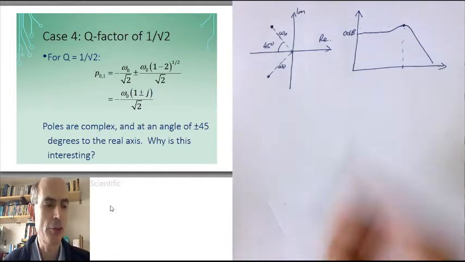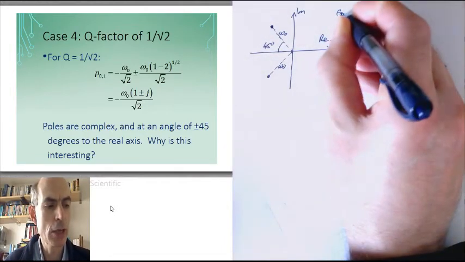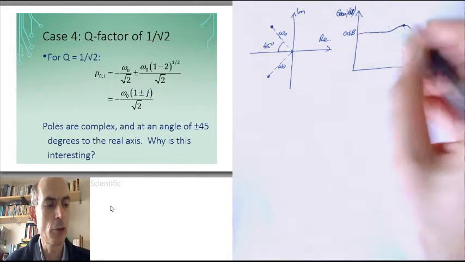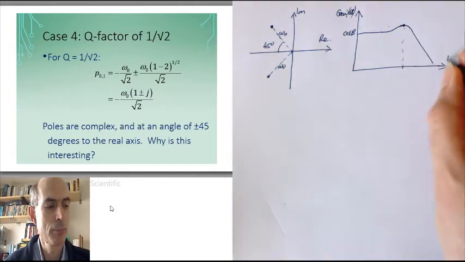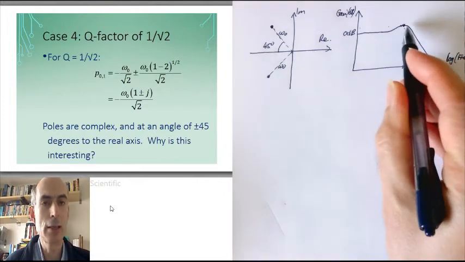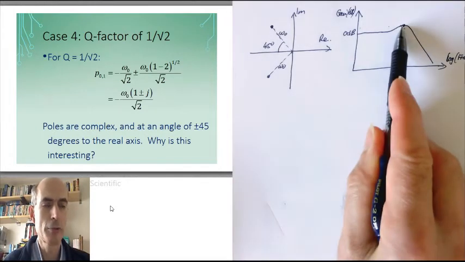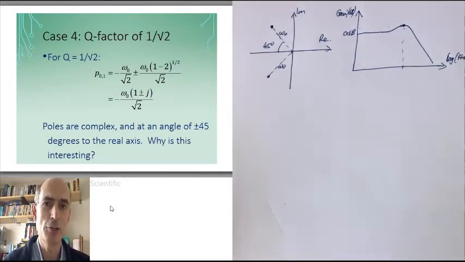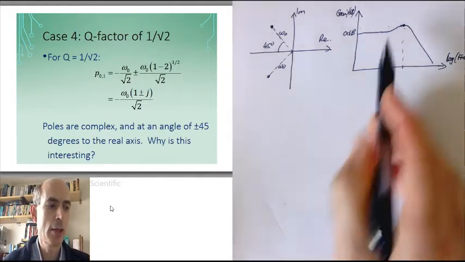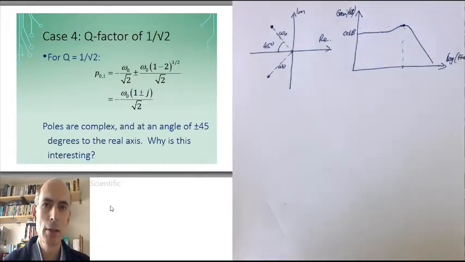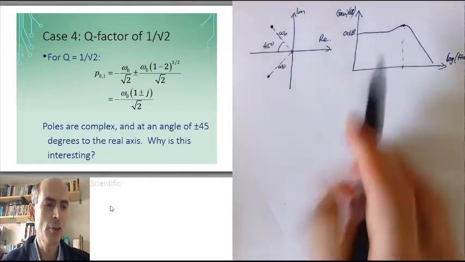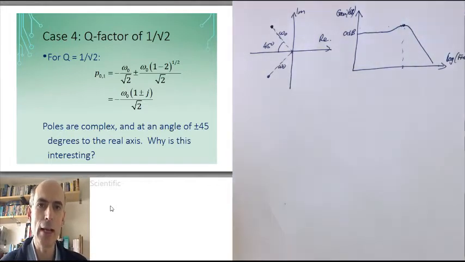What we haven't done so far is worked out what that maximum value actually is. We do know that the value of the gain at the resonant frequency is given by the Q factor, but the maximum value of gain doesn't occur at the resonant frequency. It occurs before the resonant frequency, at a lower frequency.